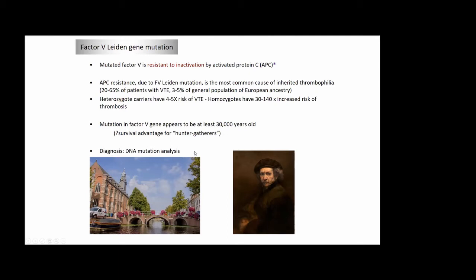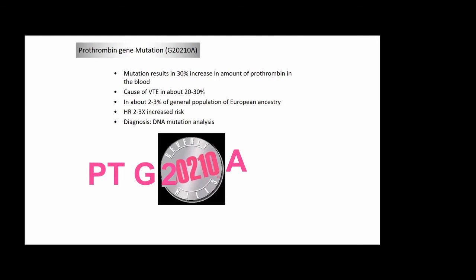The diagnosis requires a DNA test, and so in New York State, we are required to get written consent. The prothrombin gene mutation, as I mentioned, causes an increase in prothrombin, which results in hypercoagulability. It's fairly prevalent among all individuals who present with venous thromboembolism.